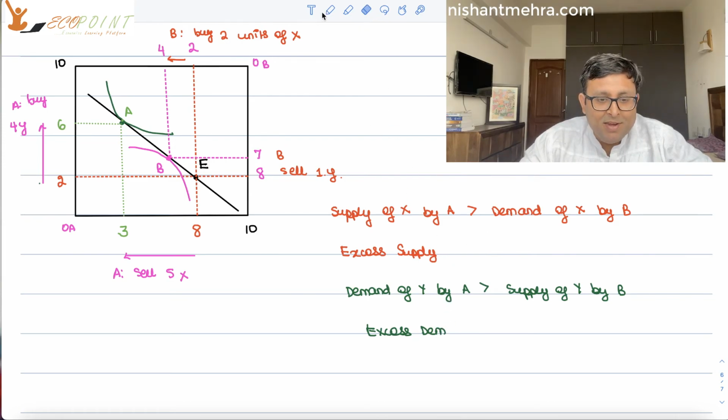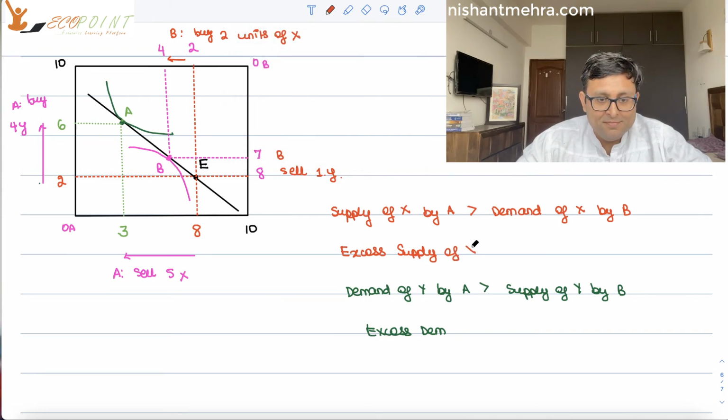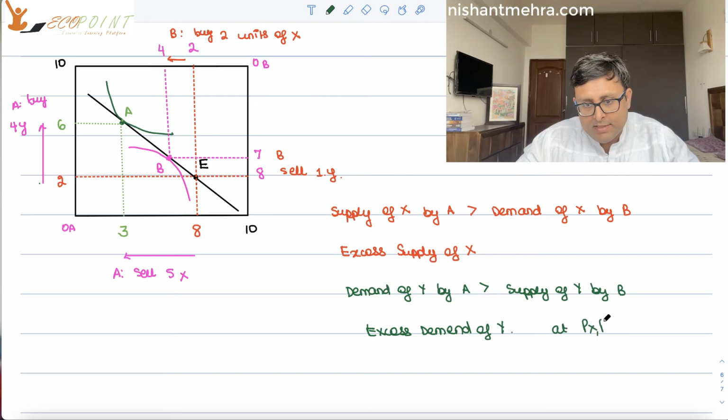It's not excess supply of A. Excess supply of X. And here it is excess demand of Y. Right? At prices Px, Py.